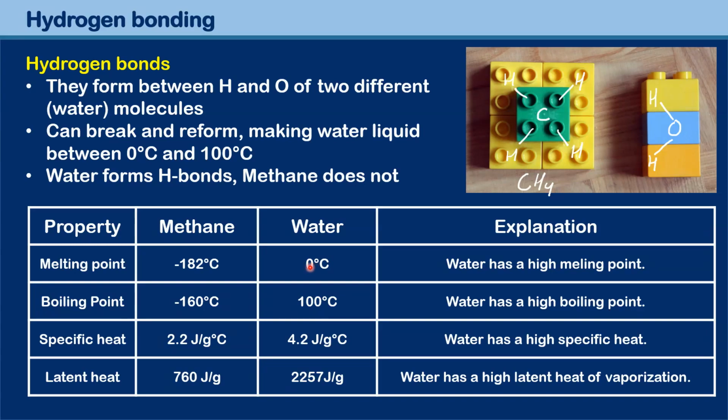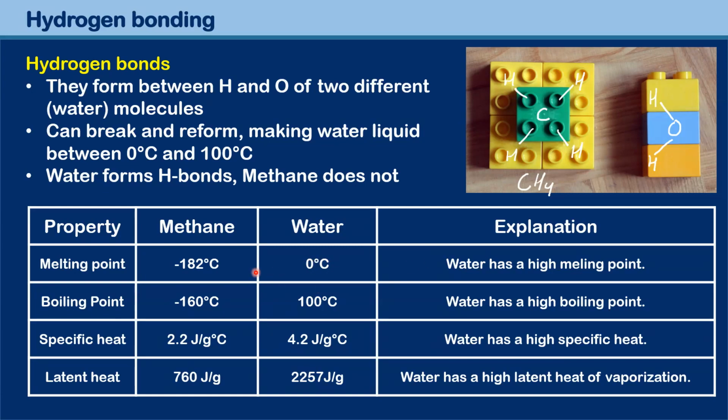And the reason is it takes a lot of energy to break these hydrogen bonds. Well, if I just look at my own table right now, that's not a really good explanation, it's just a description of what I've got over here. But the reason is it takes a lot of energy to break the hydrogen bonds, and therefore it melts at a higher temperature.